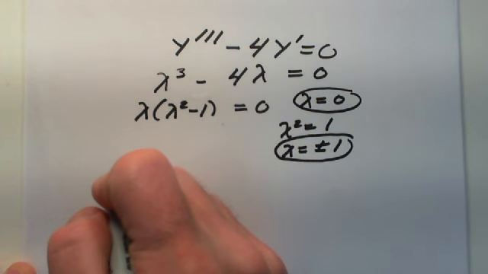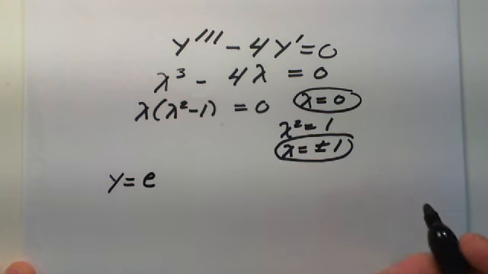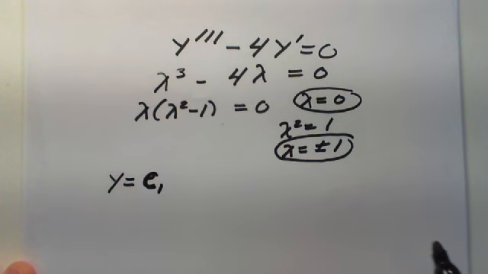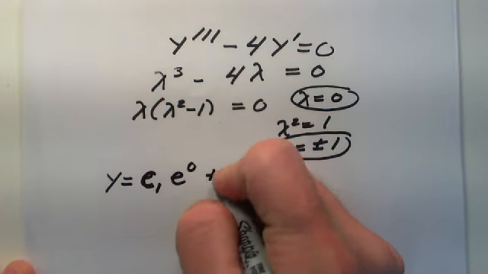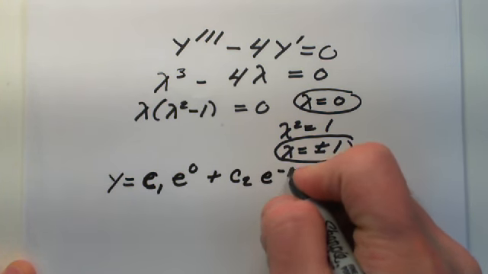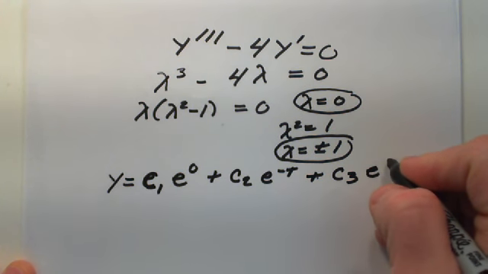So we'll go ahead and write our solution. y is going to equal, and I'm going to go ahead and show the e, you don't have to in this case. I need to put that c1 first. c1 times e to the 0 power plus c2 times e to the negative t plus c3 times e to the t.